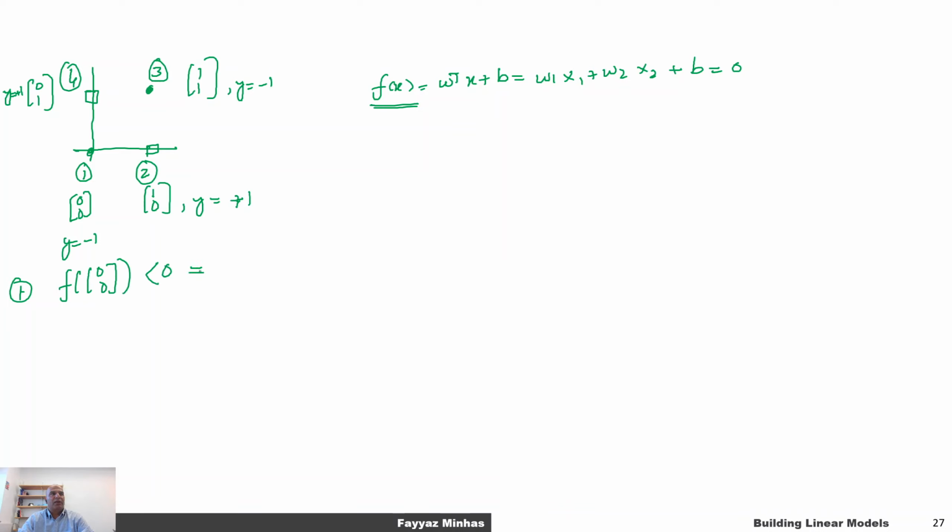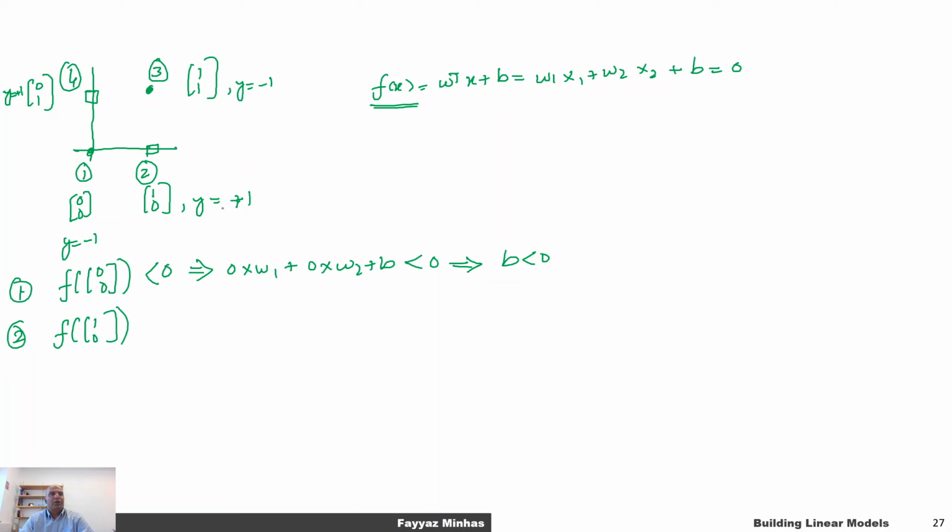And we know that f of (0, 0) is 0 multiplied by w1 plus 0 multiplied by w2 plus b, and this is going to be less than 0. So that implies b is less than 0.